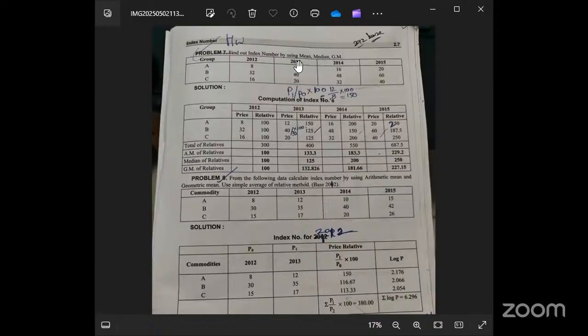So the same geometric mean also we got. So next problem, the eighth one. From the following data, calculate index numbers by using arithmetic mean and geometric mean, using the simple average of relative method. 2012 as base year.